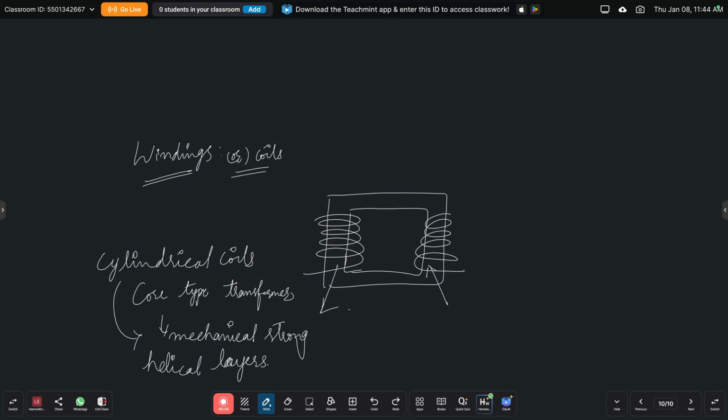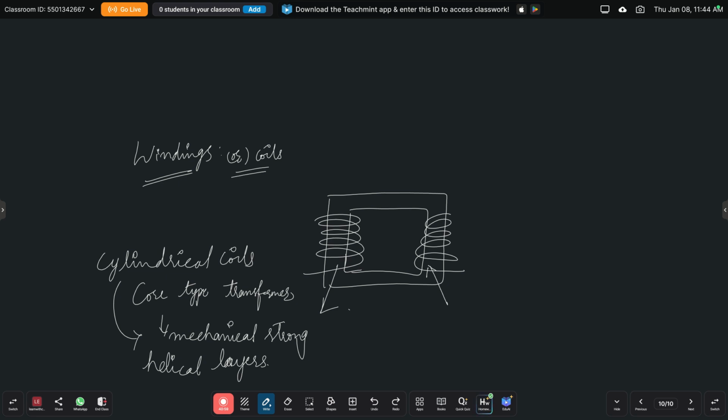The different layers are insulated from each other by paper, cloth or mica. Both the coils are placed on both the limbs. The low voltage winding is placed near the core, insulated from it. The high voltage winding is placed after it.